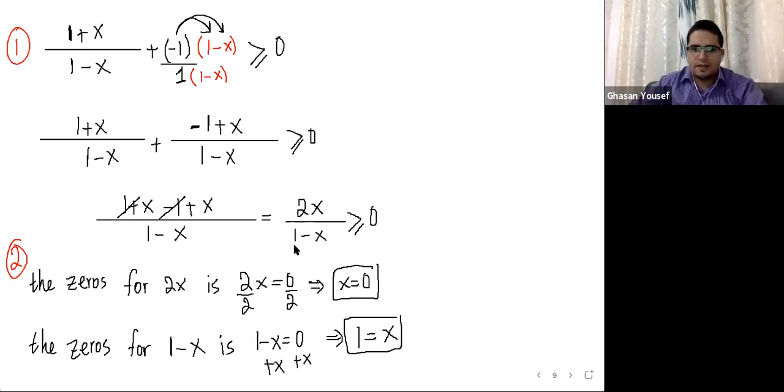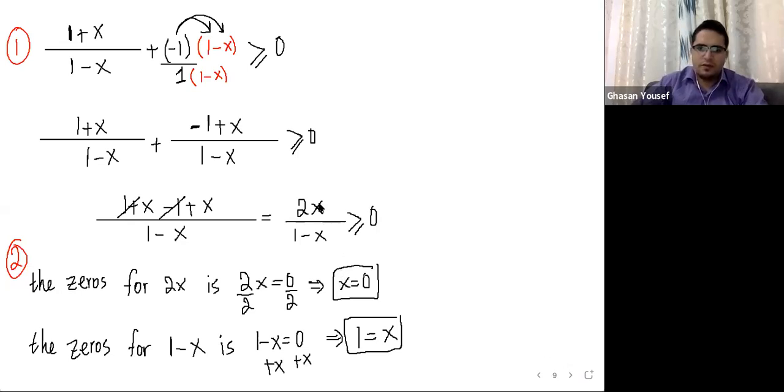Because I cannot plug in 1, or the fraction will be undefined, I have to put an open circle. So the zeros in the denominator must be open circles. All zeros for the denominator, x equals 1, must be open, because I cannot plug them into the fraction.